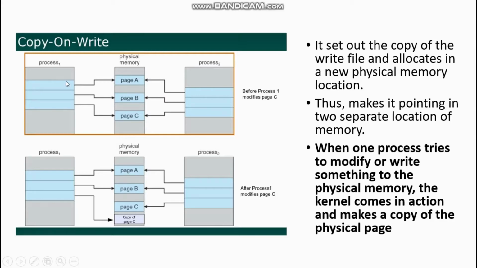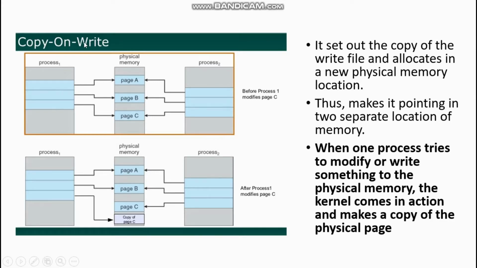The processes in logical memory are trying to write to physical memory, basically pointing to a page of memory in physical memory. Maybe these are processes A, B, C. A will be pointing to page A, B to page B, and this one is page C.